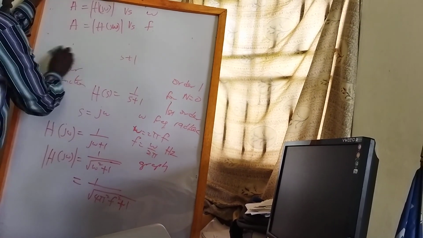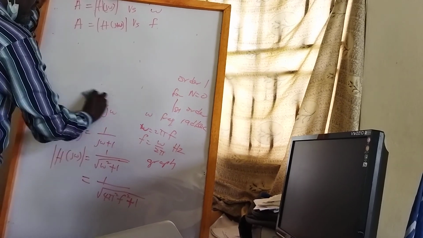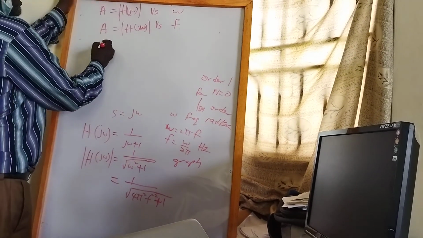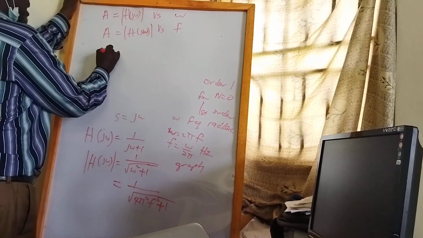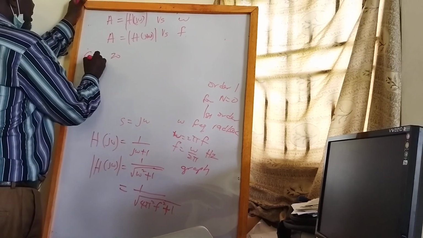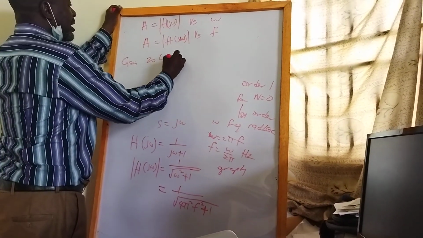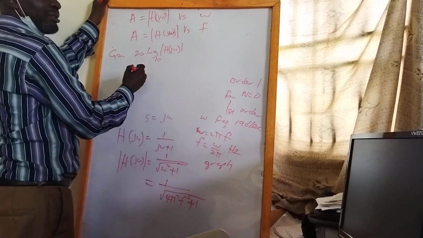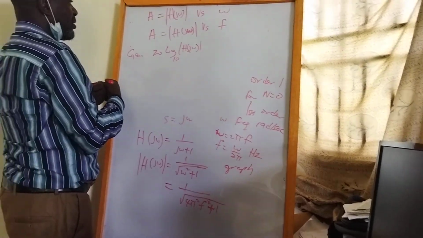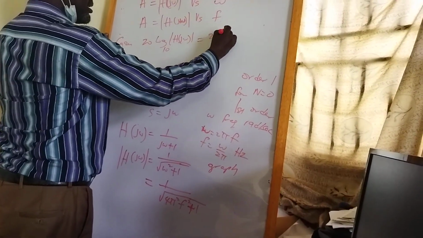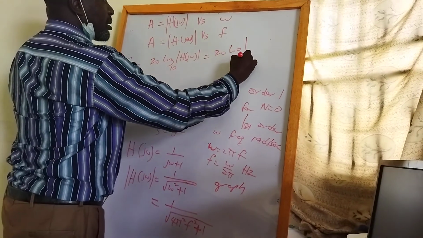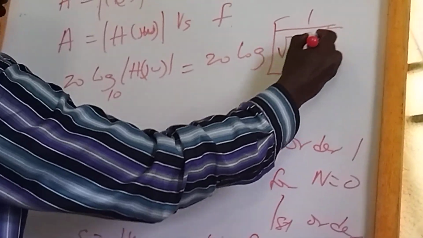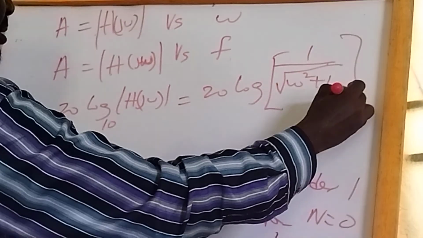The other possibility is that on the y-axis we plot gain, 20 log base 10 of |H(j omega)|, which is the same thing as 20 log of 1 over the square root of omega squared plus 1.